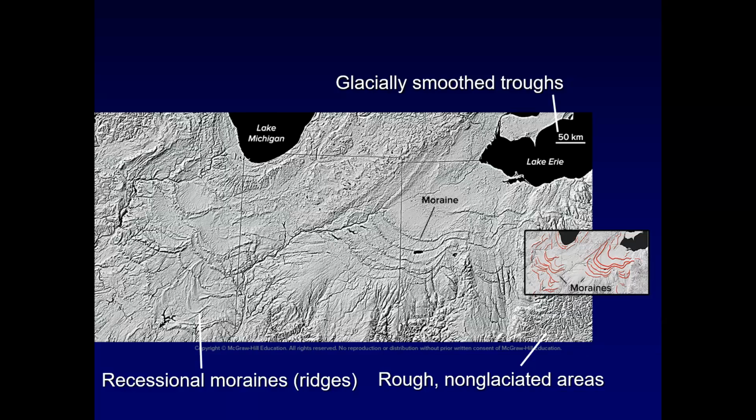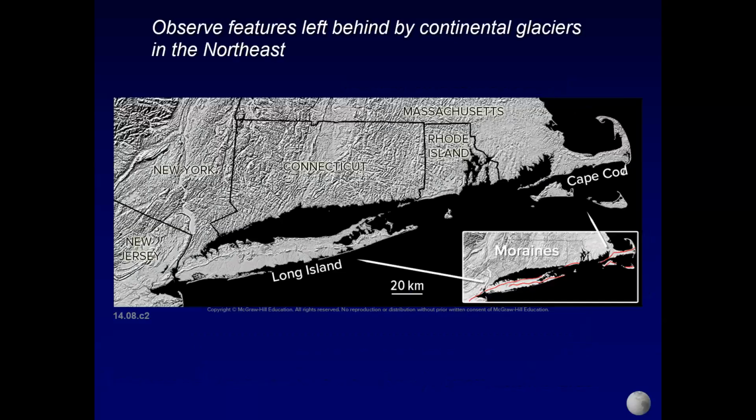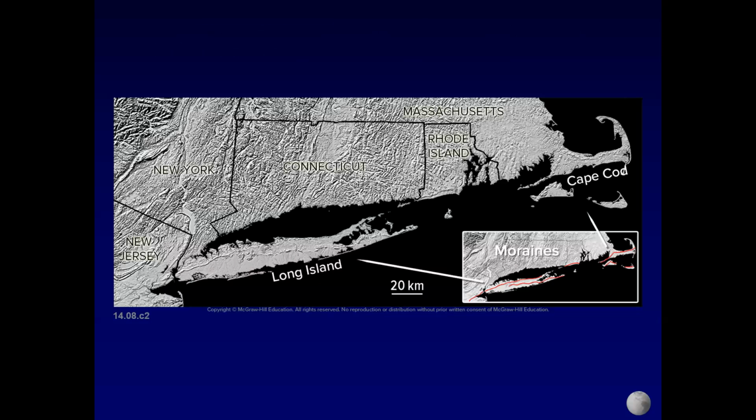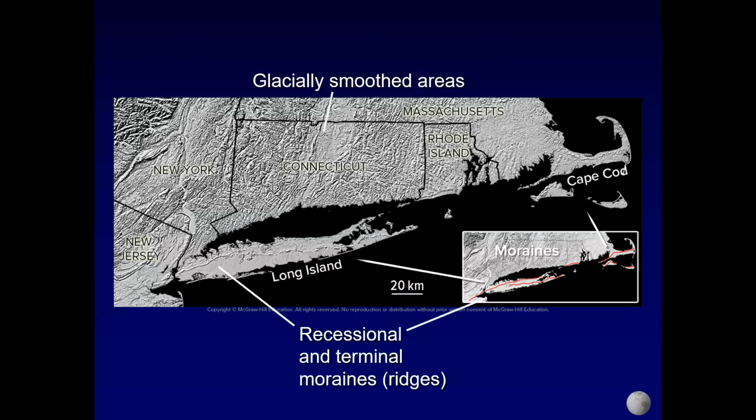Our glaciers flowed parallel to smooth troughs. Right? So we even see moraines on Long Island and on Cape Cod. So glacially smooth areas and recessional and terminal moraines.